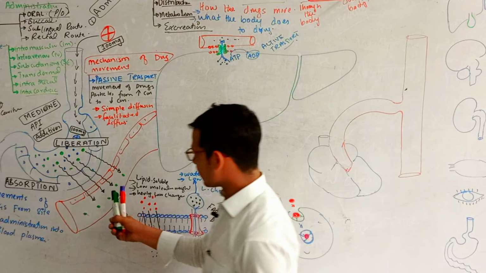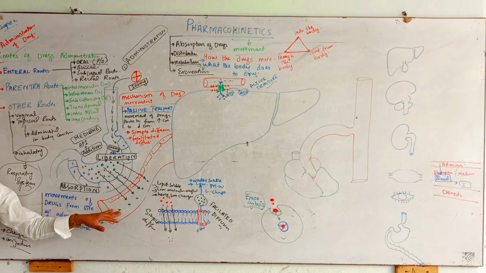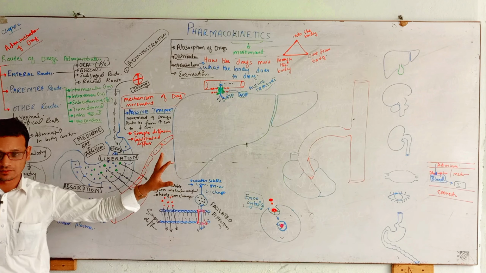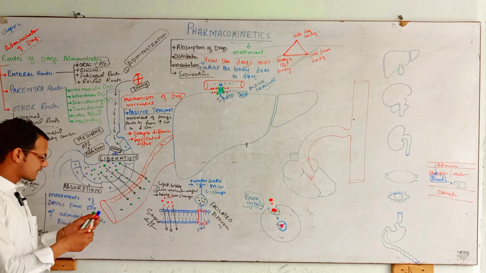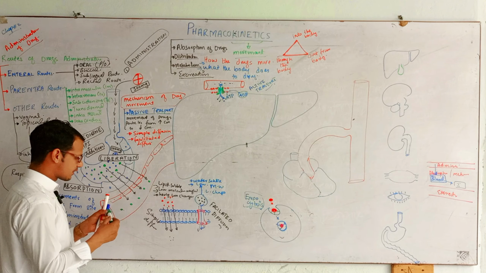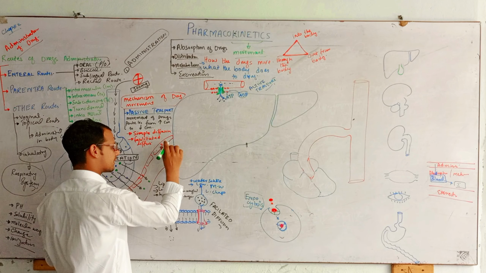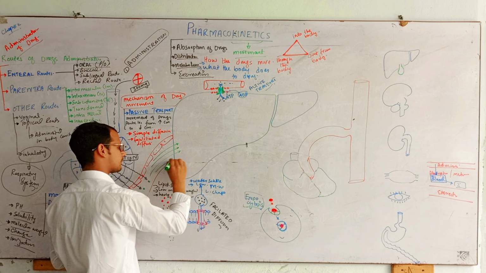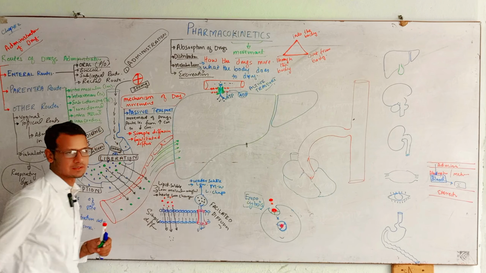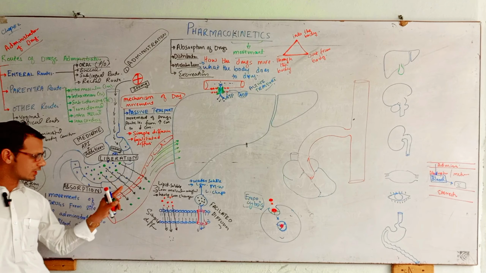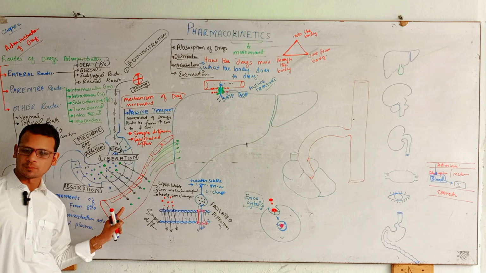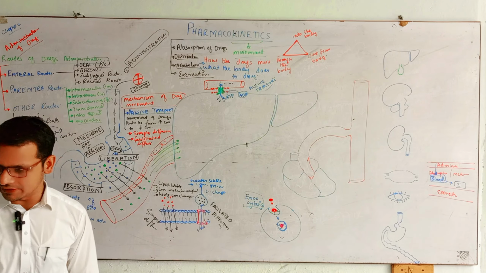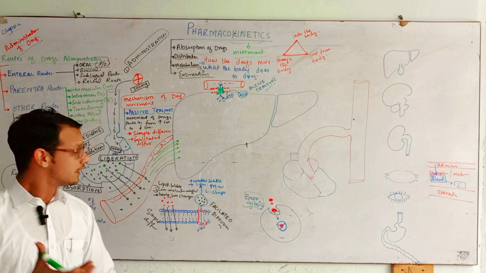So this is called absorption of drug, and these are the routes by which it follows absorption. After absorption, this drug will move into the liver, because this is portal circulation, and portal circulation is responsible for taking materials from the GIT into the liver.